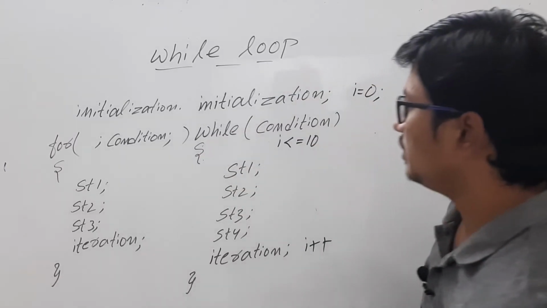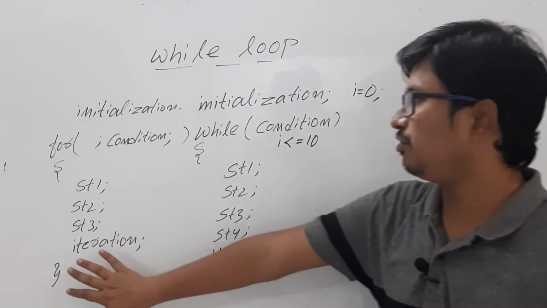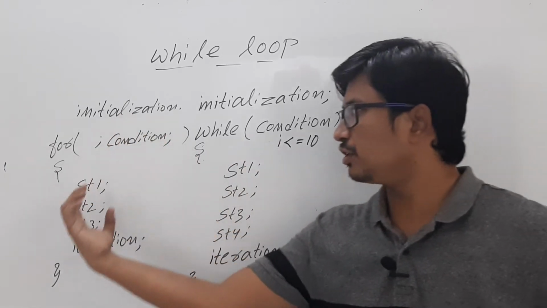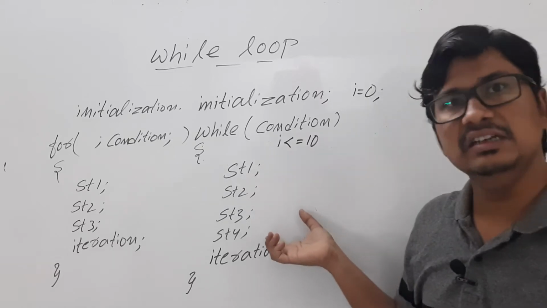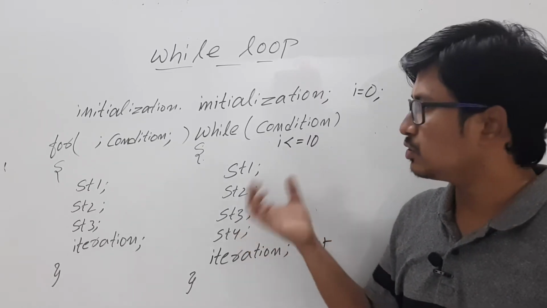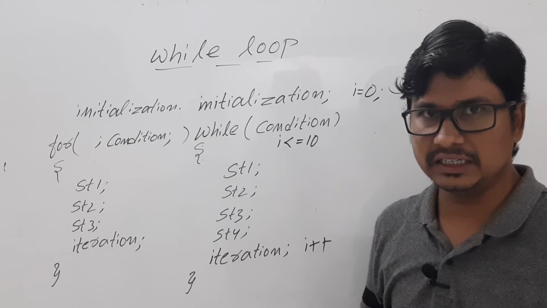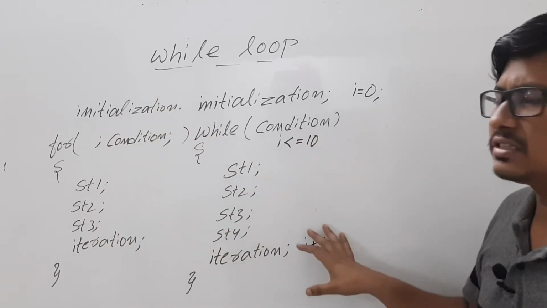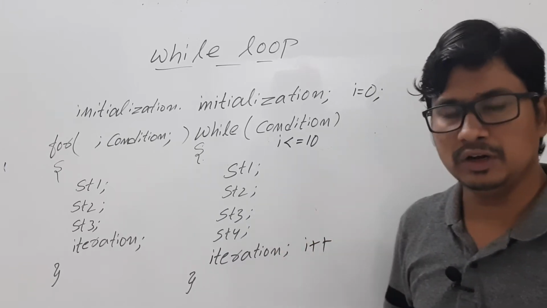See, now the while loop and the for loop look the same. Is it clear? So you can write the for loop in the same way as the while loop. The point I want to highlight is that whatever task you can do using the for loop, you can write the same program using the while loop also.